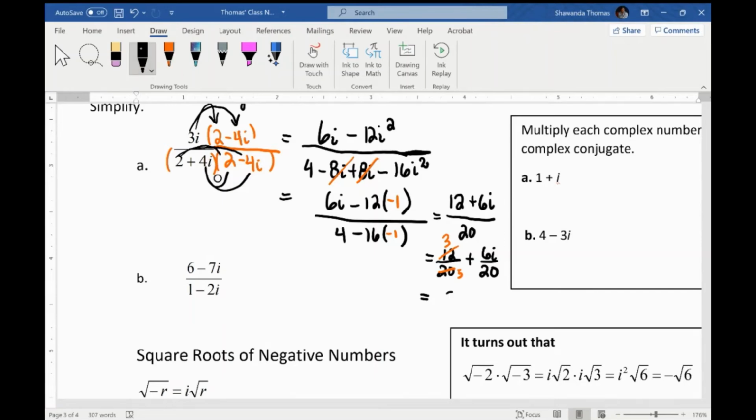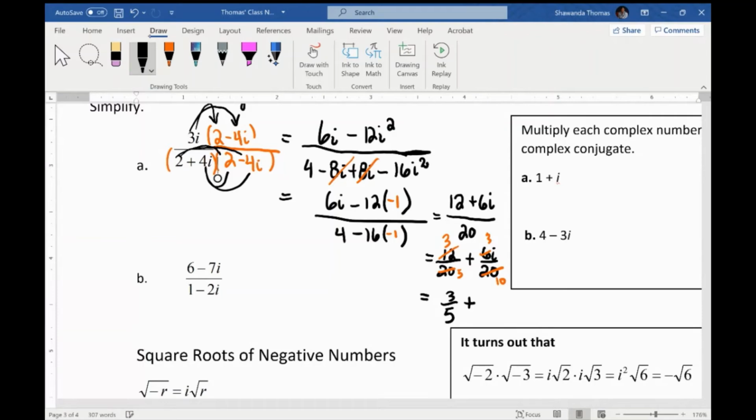So that's 3 over 5 plus, what about 6 over 20? What number can go into both 6 and 20? 2. 2 goes into 6 3 times, and into 20 10 times.